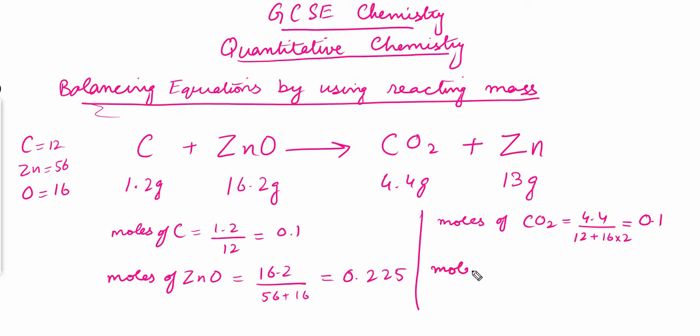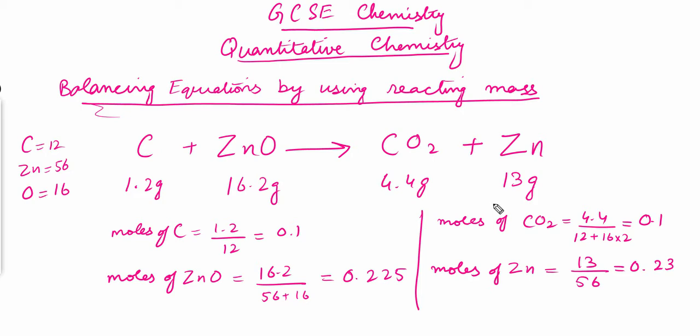Now the moles of zinc will be equal to 13 divided by 56, so that will be approximately 0.23. Alright, so now we have found the number of moles of carbon, zinc oxide, carbon dioxide, and zinc.